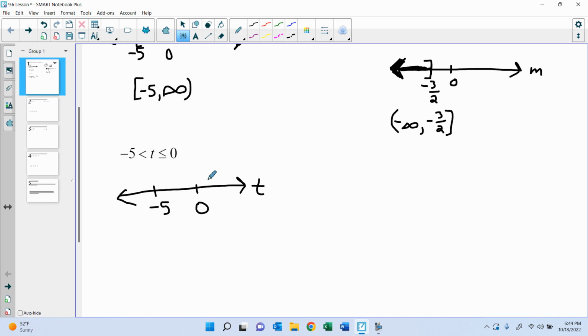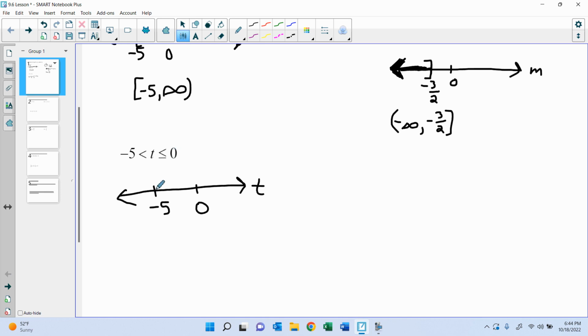So for this one, you can read this, T is between -5 and 0, including 0, because we have the equal to part here. So we would say inclusive of 0 or including 0 because it is included there.